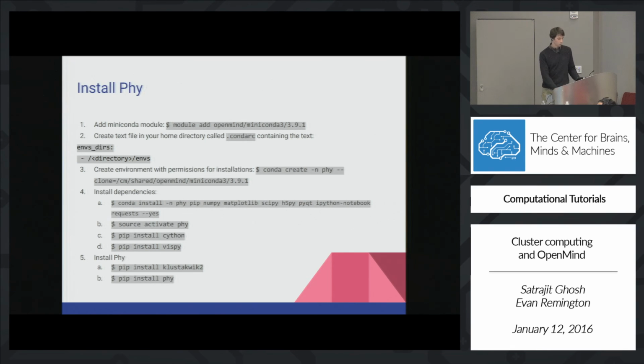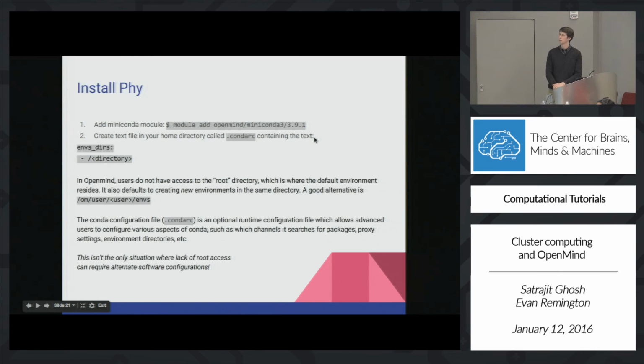But what we're going to do is install, which is a 5-step, or however many step process, depending on how you segregate it. So you have to add the Miniconda module. We've already seen how to add a module. We're going to generate a file called .condarc, which will contain the text envs_dirs: whatever directory you want your environments to be installed in.